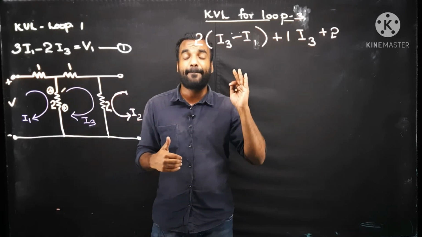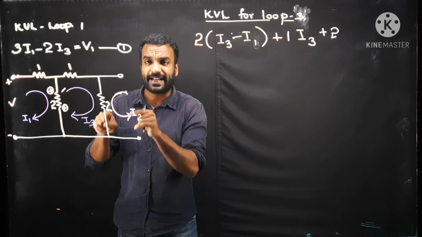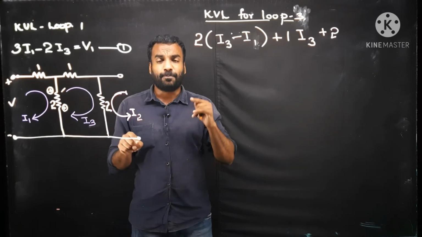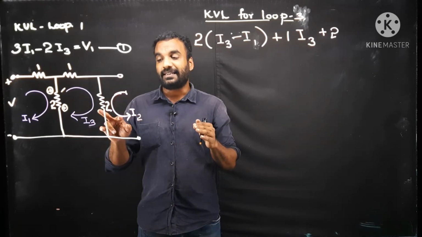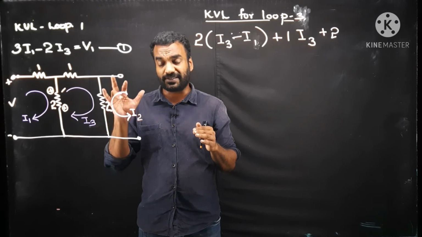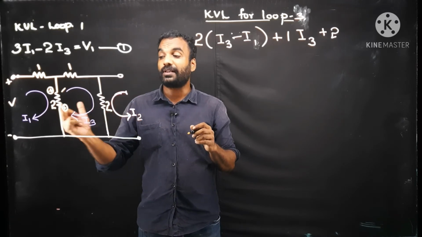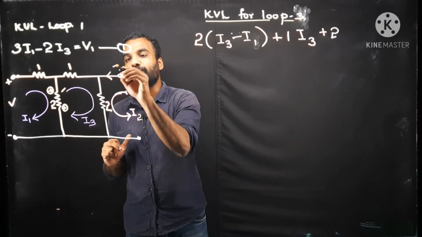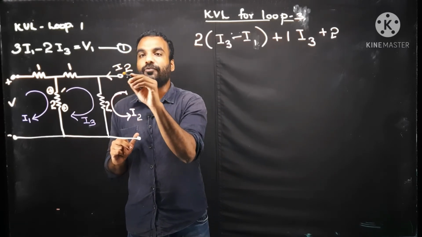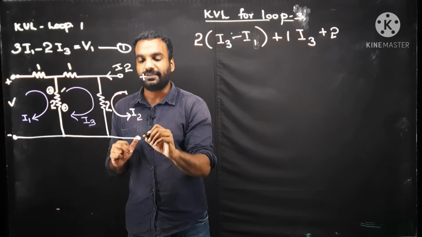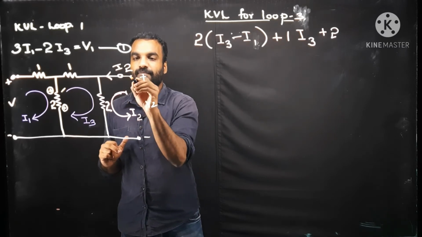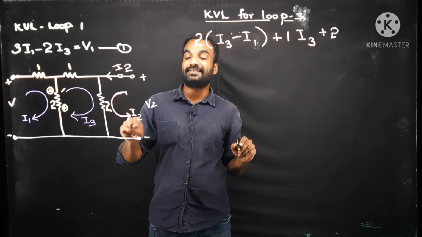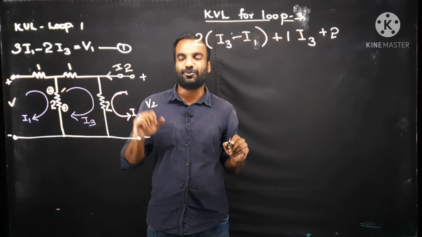This case happens only in this example, in the entire module that I have covered. Such a case happens for the first time, because here all the 3 loops are not assumed with the same direction. This I2 is assumed based on I2 of the 2-port network, and this is the V2. That's why this loop direction is different from this loop direction.